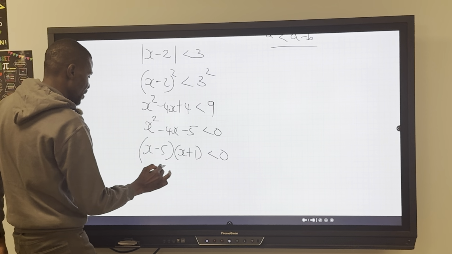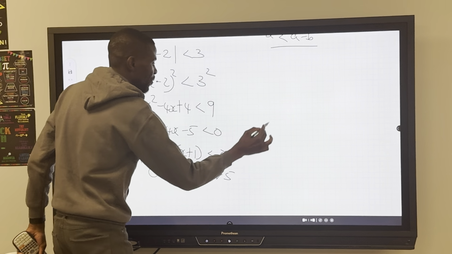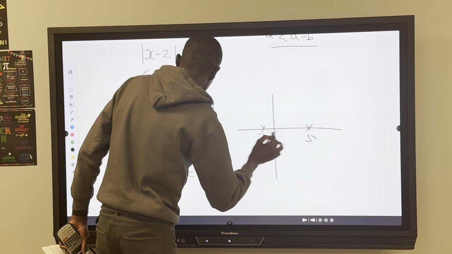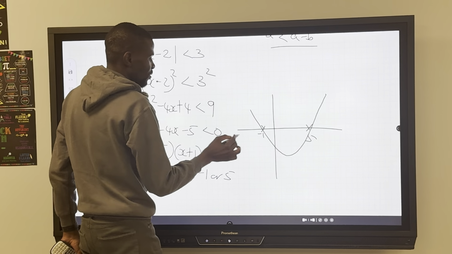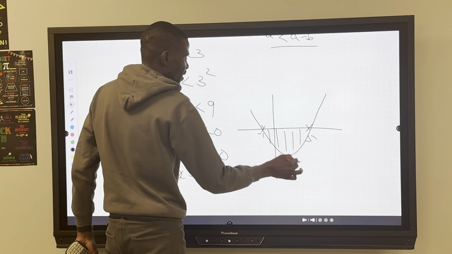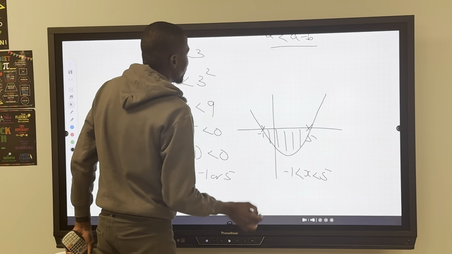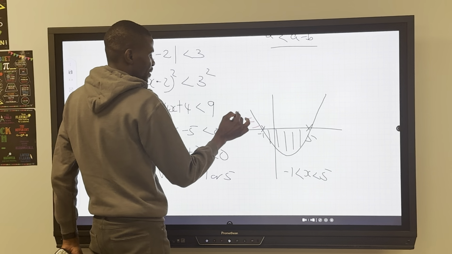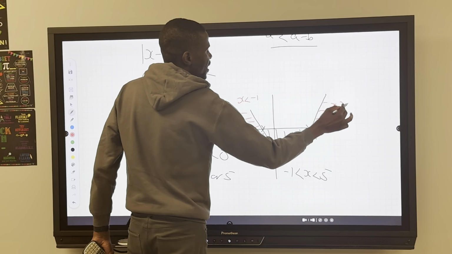So the critical values are x equal to negative 1 or 5. So when we sketch this, I have negative 1, I have 5. When x is 0, it's negative. So the graph looks like that. But you want it to be negative, so it's somewhere here, which is negative 1 less than x less than 5. But if it was greater, we would consider this part, which is x less than negative 1 or x greater than 5.